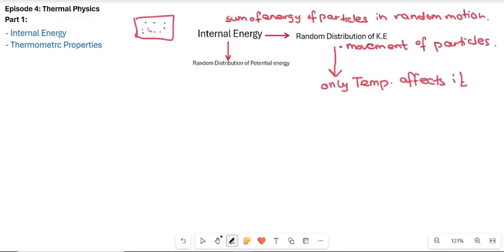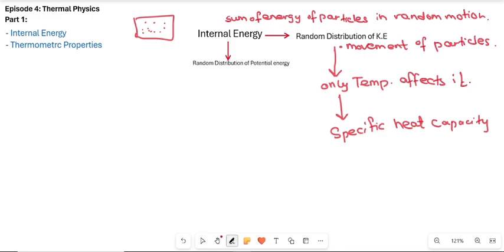So when only temperature affects it, we call it specific heat capacity. If it's confusing, you do not have to worry, because I'll be explaining specific heat capacity in our next video. So we just have to know that when it comes to kinetic energy, as temperature increases, the motion of particles also increases, something very basic, and that is just related to specific heat capacity.